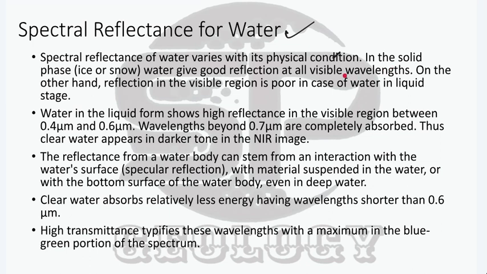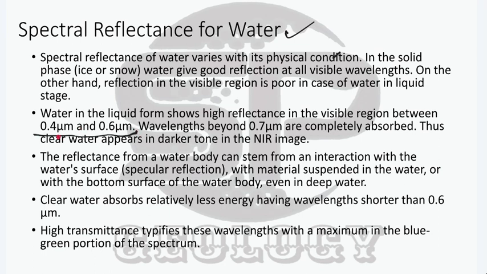What will happen in the solid phase? The reflectance will be higher because snow shows higher reflectance. In the liquid phase, it will show lower reflectance. Water in the liquid form shows higher reflectance in the visible region between 0.4 to 0.6 micrometer.